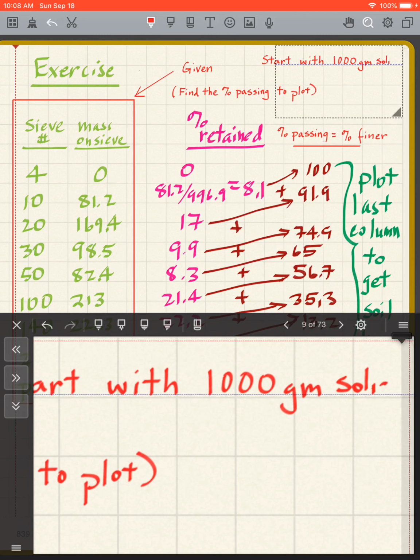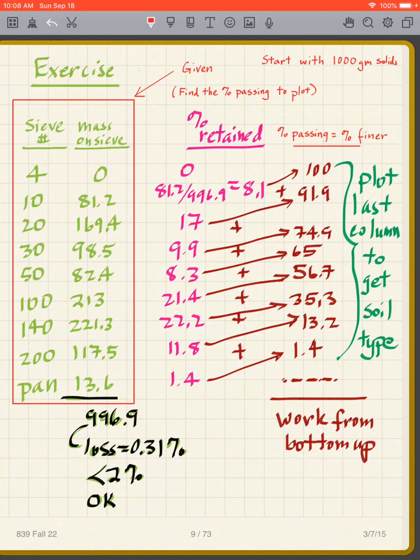It's dry. The soil is dry here. Now we run it through the sieves, and if we add up this total here, we only get 996.9. Well, what happened? We lost 0.31%. We lost 3.1 grams.